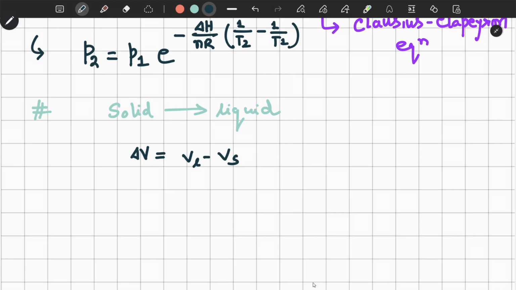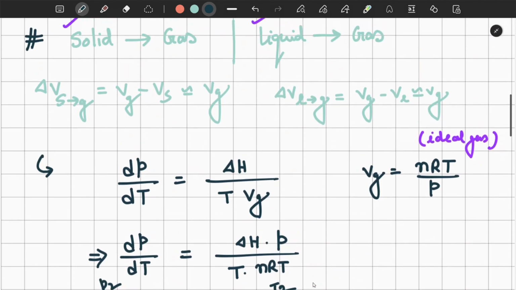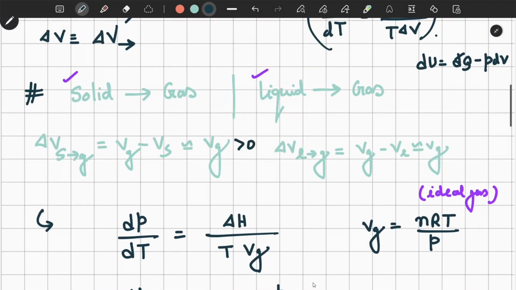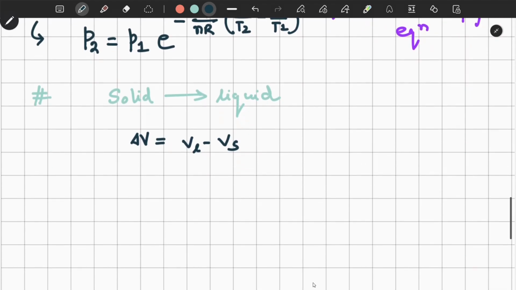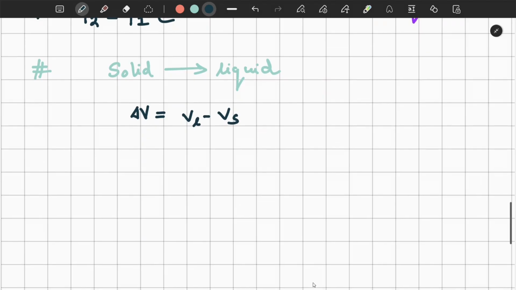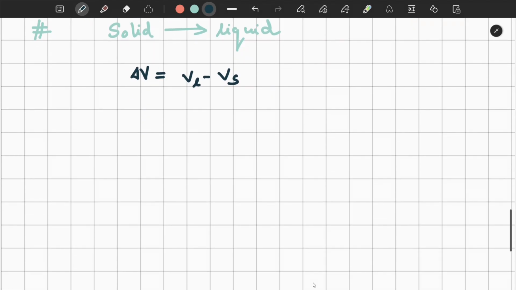Here you don't know whether it is positive or negative. Here you know this is positive always. But here you don't know whether it will be positive or negative. So when liquid is greater than solid? No, that is not true. For water, liquid is smaller than solid. So this is not general. So there will be two cases eventually. But in general, you can consider the delta V.